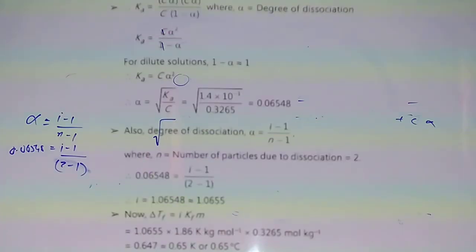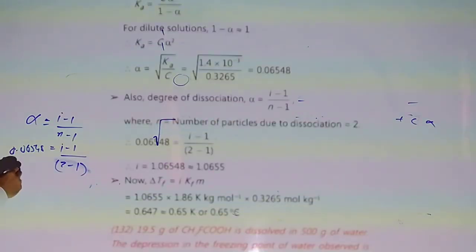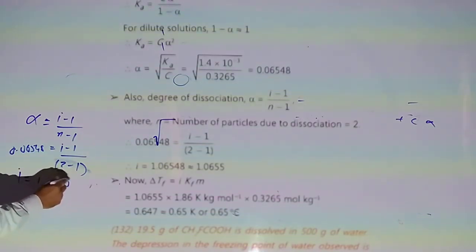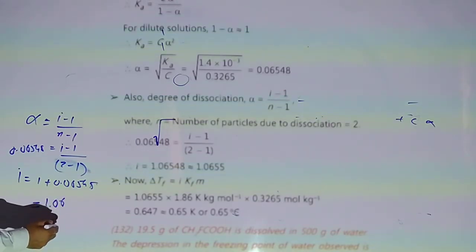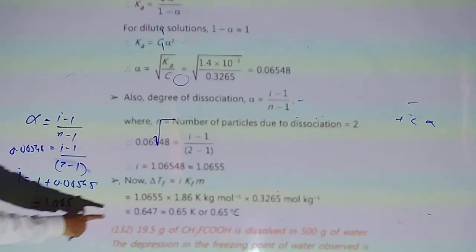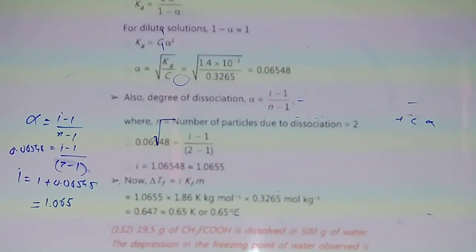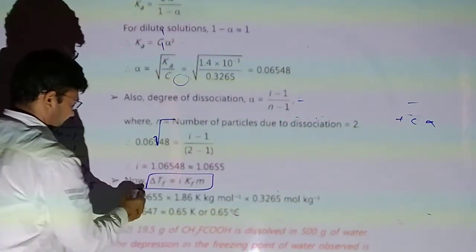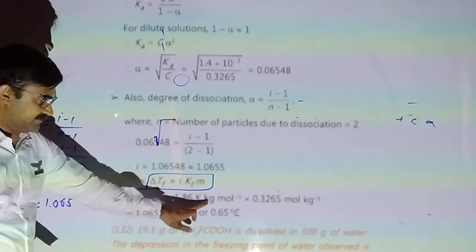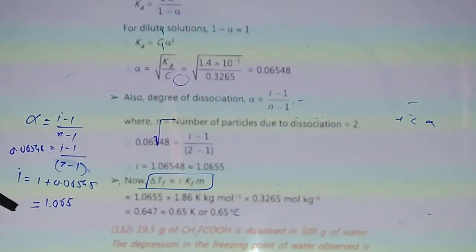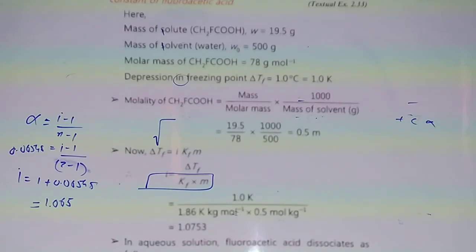So n minus 1 is 1. So i is equal to 1 plus 0.06548, so 1.065. So delta Tf is equal to i into Kf into molality. So depression in freezing point will be 1.065 into 1.86 Kf value and molality 0.3265. 0.647 is our answer.